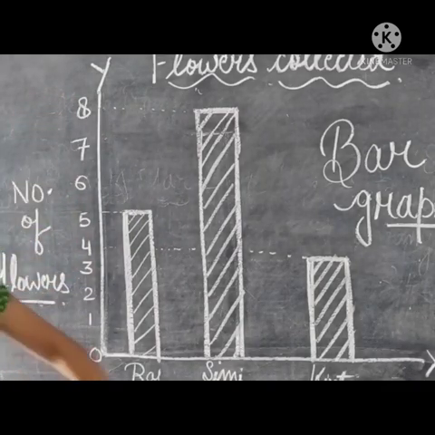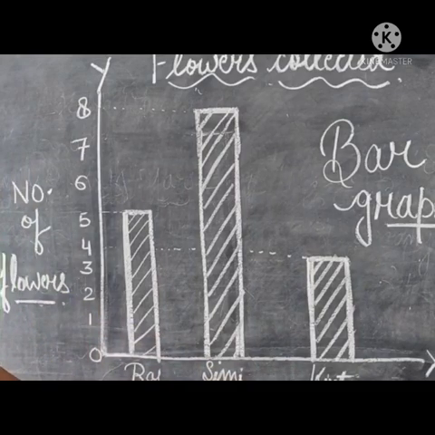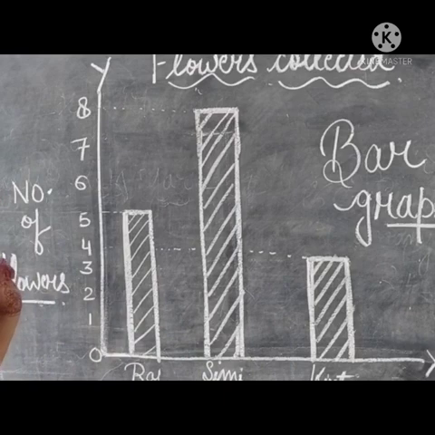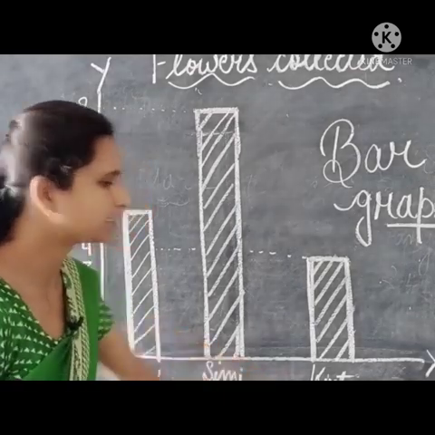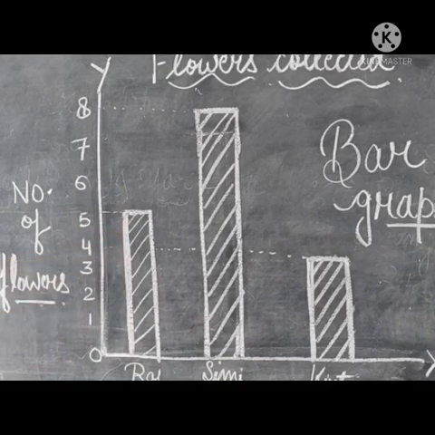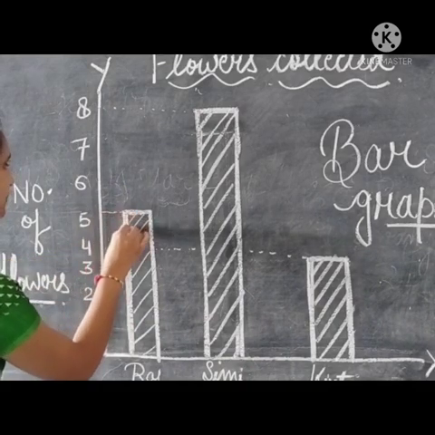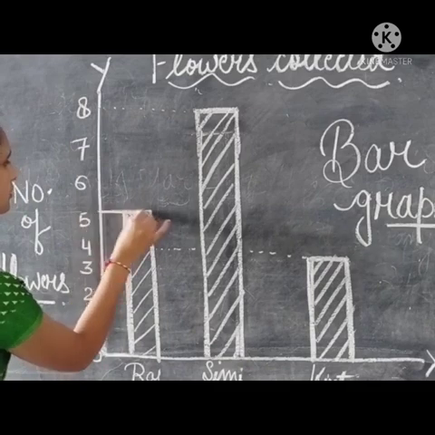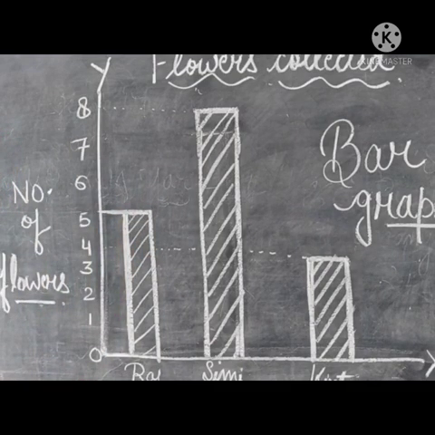Now on this x-axis we will write the name of the children. We have been given here in the data: Raj, Simi and Kirti. So Raj has collected 5 flowers, so we have to mark it up to 5 and we have to make a column.